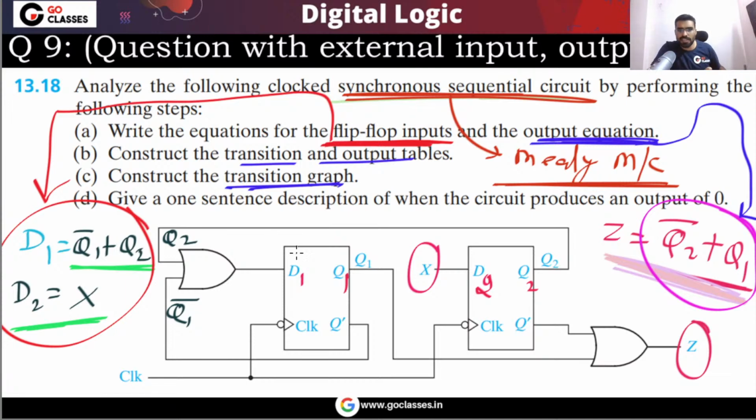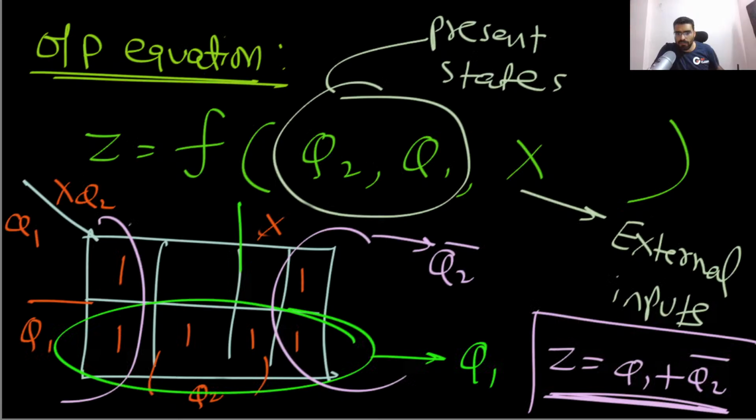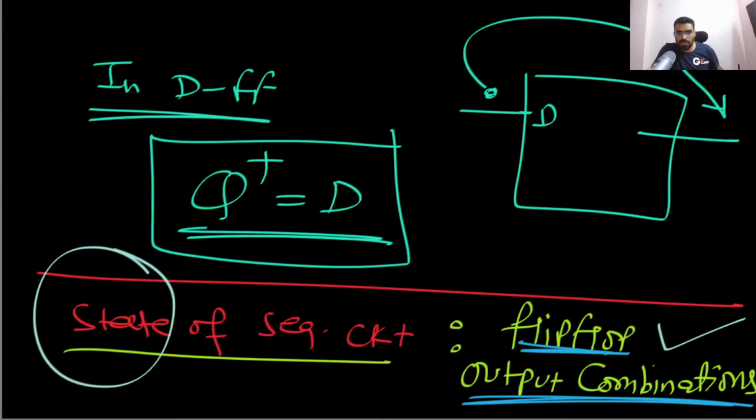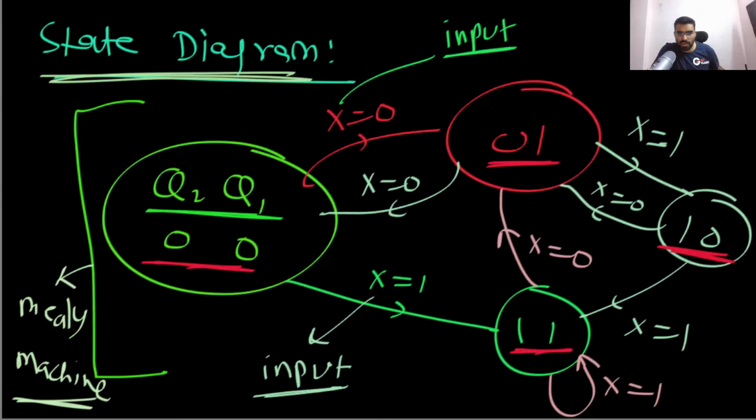Can you notice what this circuit is doing? Now the question is asking what this circuit is doing when it is producing output 0. So when output is 0, what is this circuit doing?